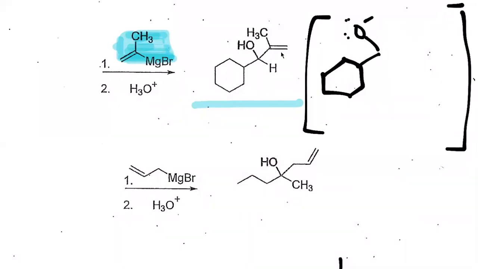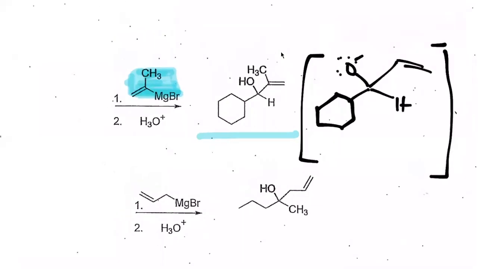We'll put some electrons here, and H, and then here. This is what I'm going to use as my template to break this thing down back into its starting materials.